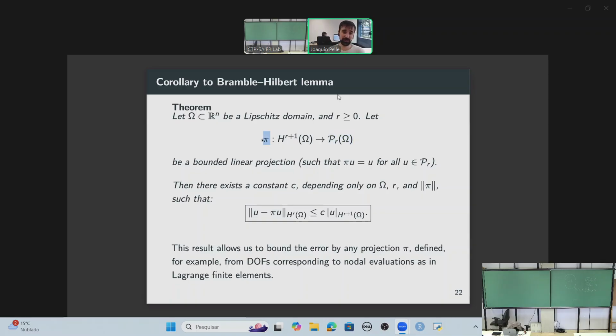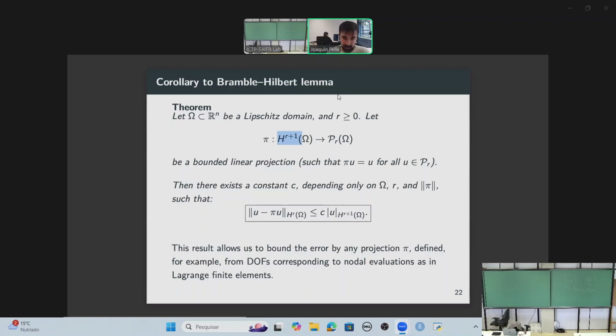So then we're going to have a certain projection, which is going to tell us how we can represent any function on this solution function space in terms of something smaller, something manageable by a computer. That's why we want to do it, which is finite dimensional and lives in this polynomial space. So this projection will, for example, in the case of Lagrange finite elements, give us what the representation is in the Lagrange finite element space of a certain function.